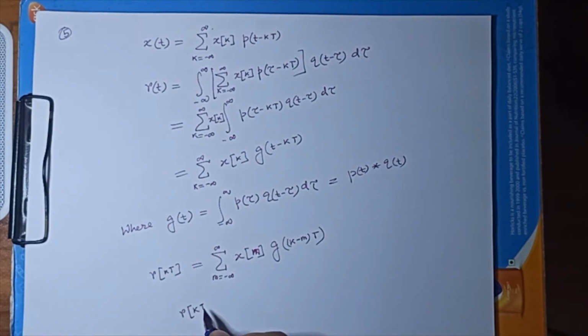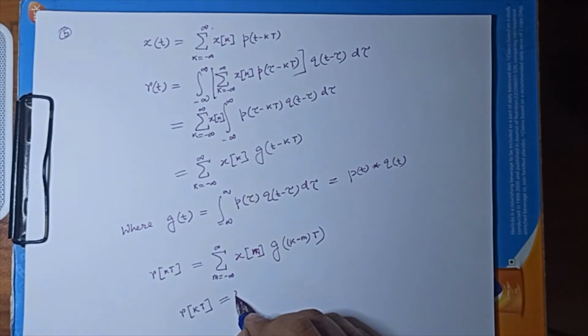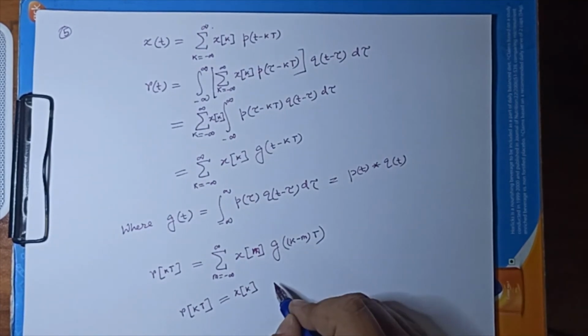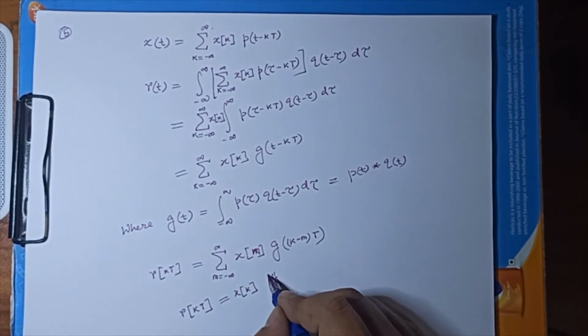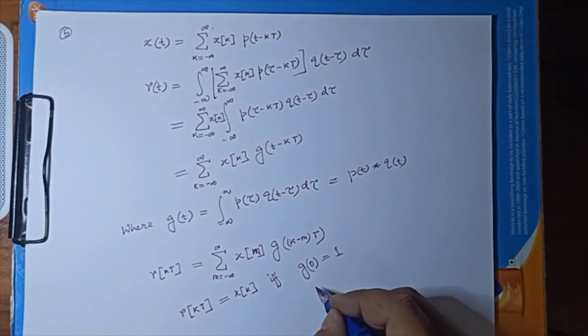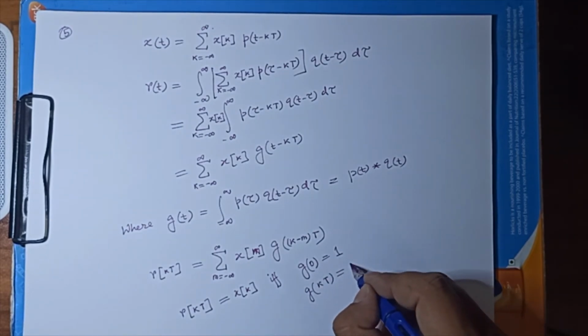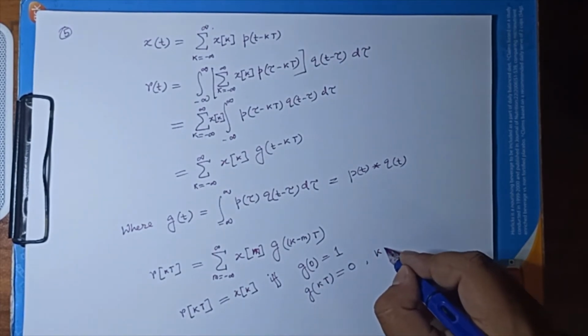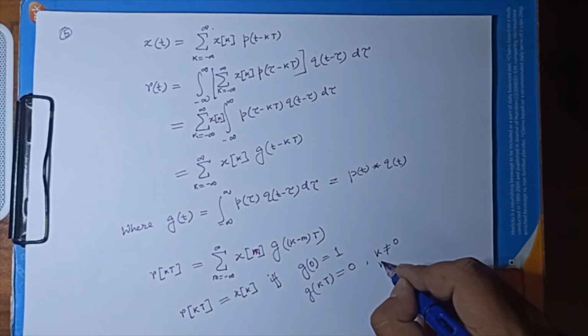You observe what is happening: r(kT) will be xk if and only if g(0) is 1 and g(kT) is 0 for k not equal to 0, for all other k.